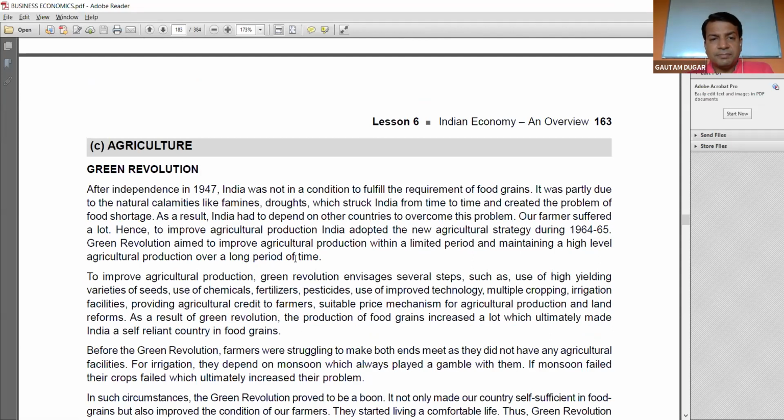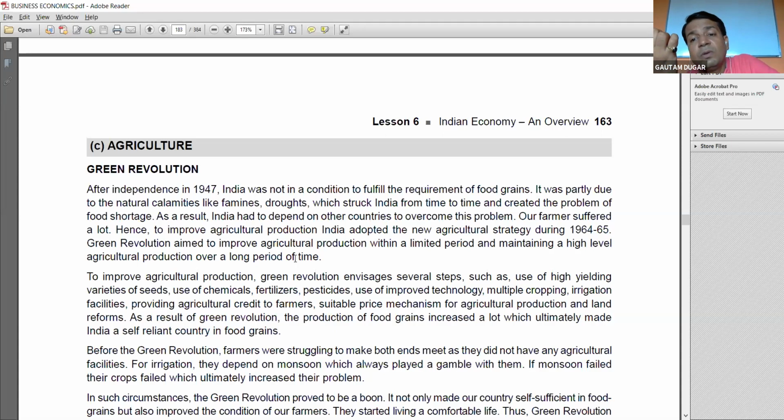There were several famines and droughts, and agricultural production was shattered. In spite of being an agricultural economy, our productivity per hectare of land was very low. The farmers were uneducated. They did not have the savings to purchase modern tractors and other equipment.